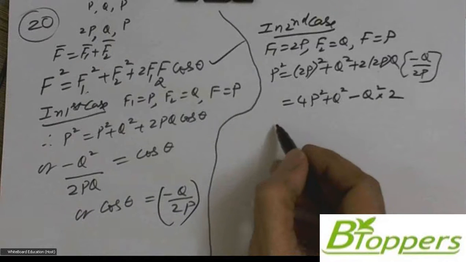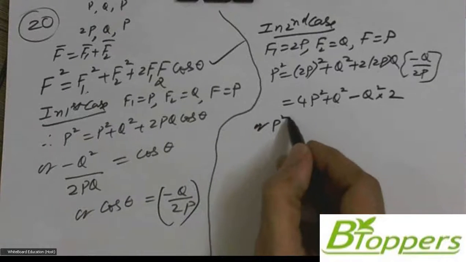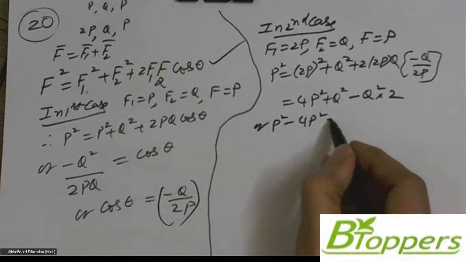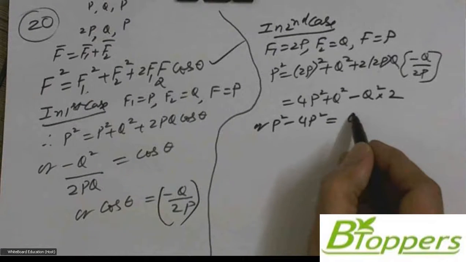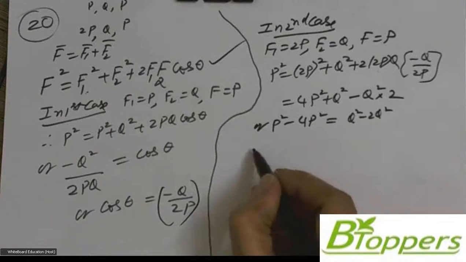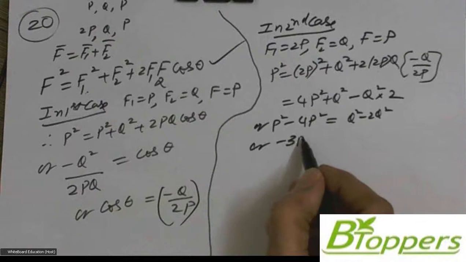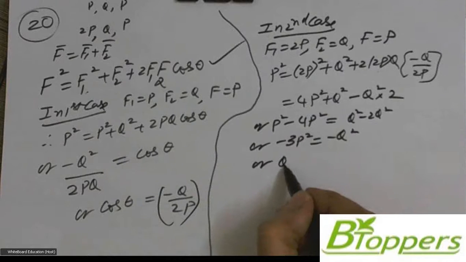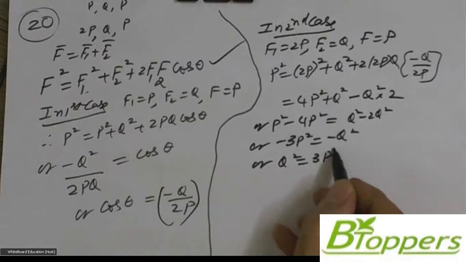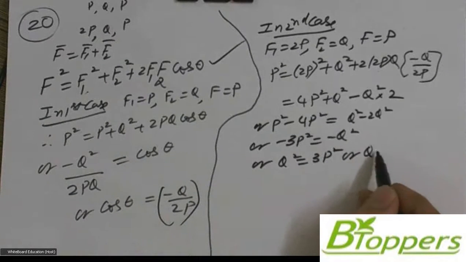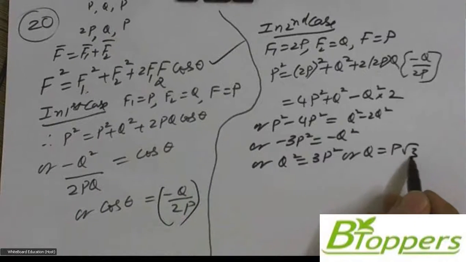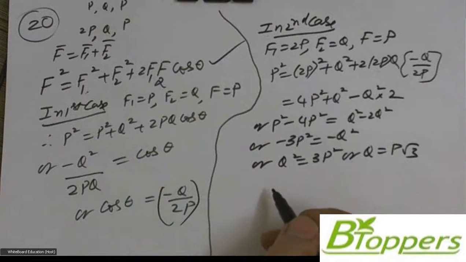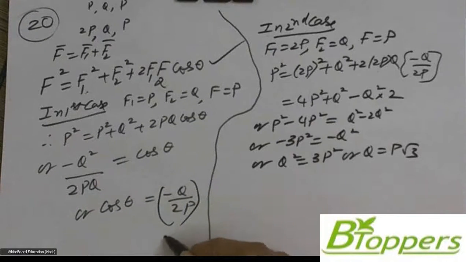That means you get P square minus 4P square is equal to Q square minus 2Q square, or you can write minus 3P square is minus Q square, or you can write Q square equal to 3P square, or Q equal to P root 3. You have to consider the positive root because P and Q represent the magnitudes which cannot be negative.